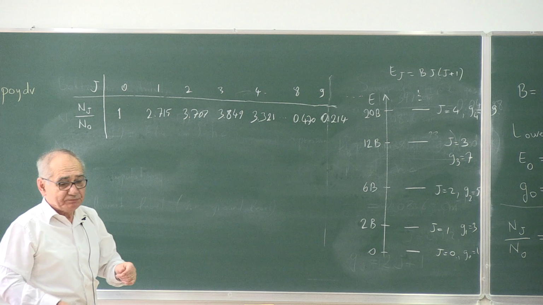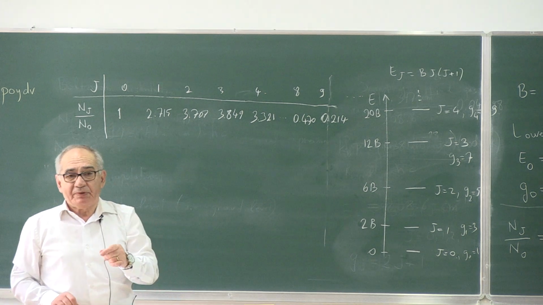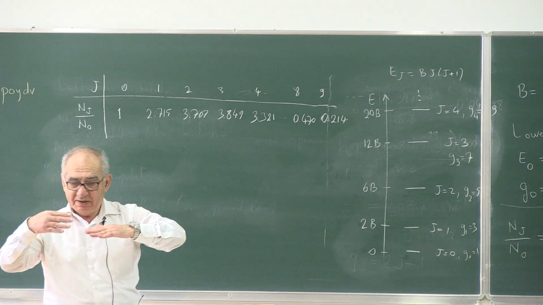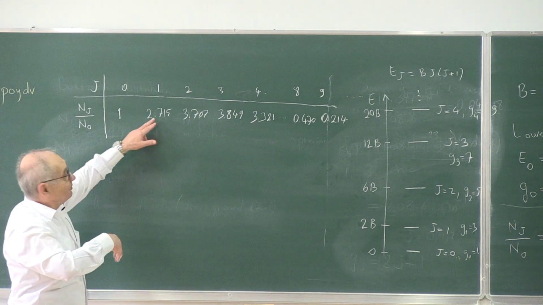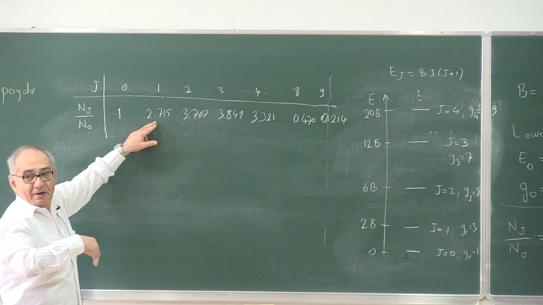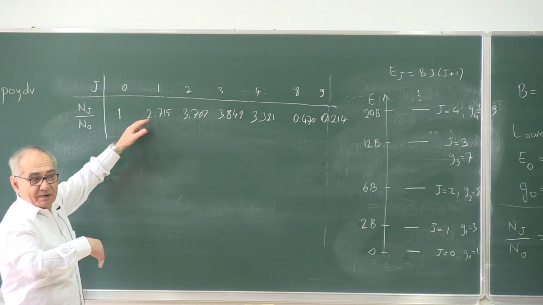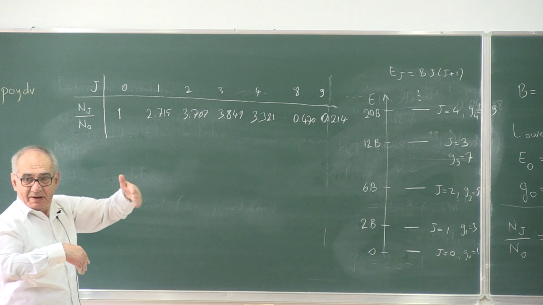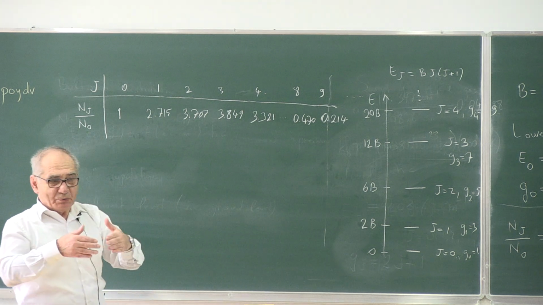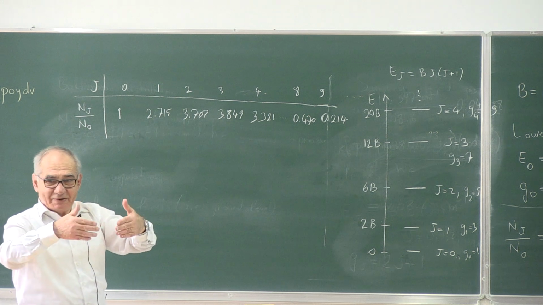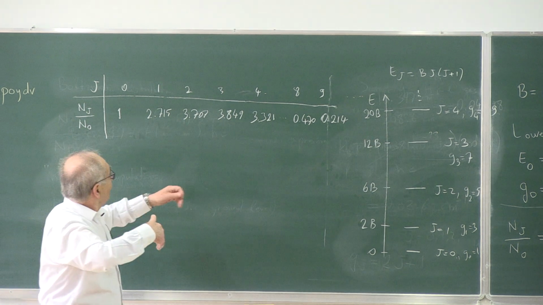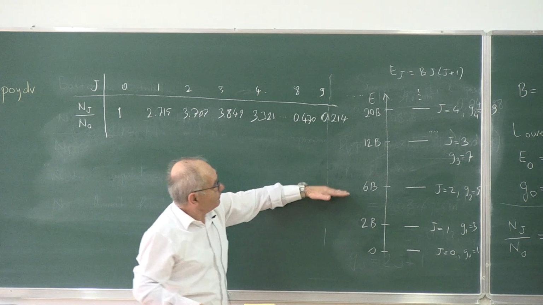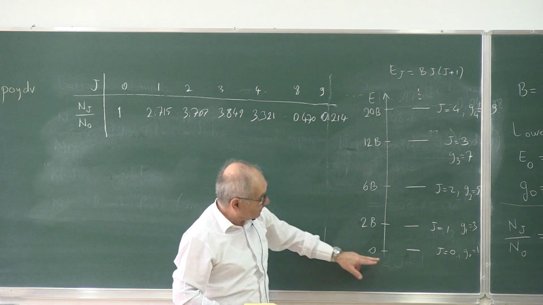What does this mean? If there are 10 molecules in the lowest level, how many molecules are there in the first excited level? 10 times this number, isn't it? 27 molecules will be in the first excited level. All these numbers refer to the populations of the higher levels, relative to the lowest.